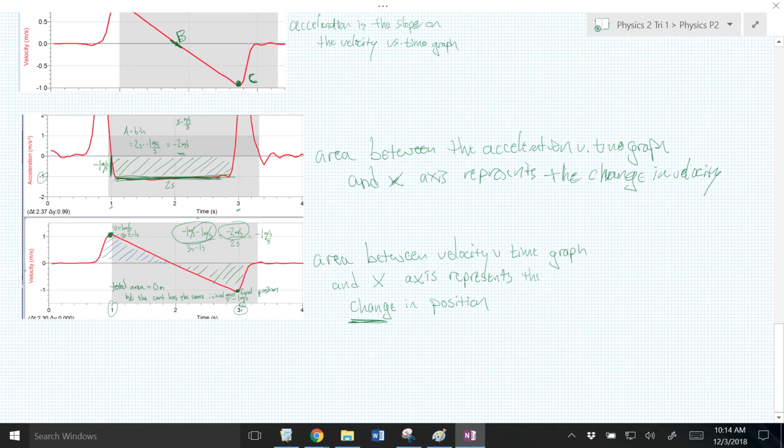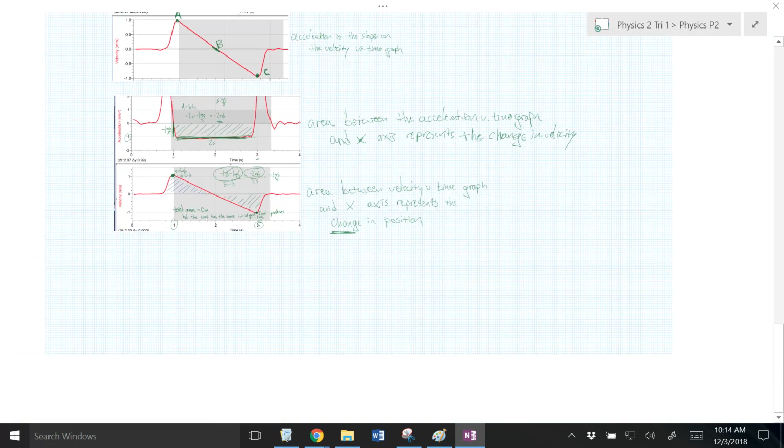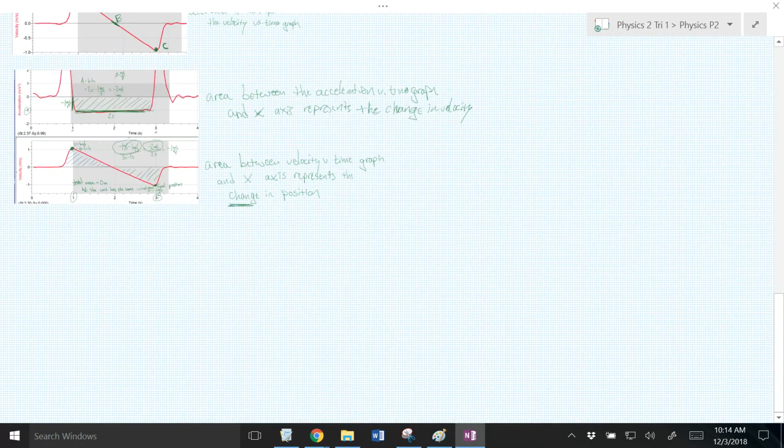So we've got the slopes telling us something as we go in one direction on this graph stack, and the area is telling us something else. So if I got a graph of position versus time, the slope tells me about the velocity versus time graph.